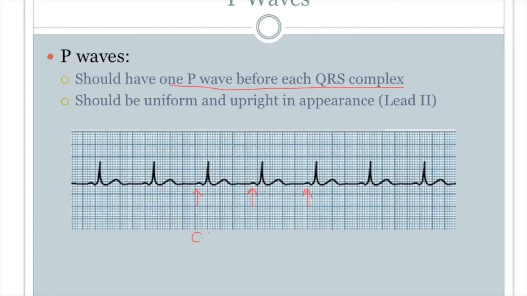They should be consistent, and they should be uniform in shape. Now that is a key for the quiz. You want to make sure that you're addressing what those P waves look like when you do your interpretations.